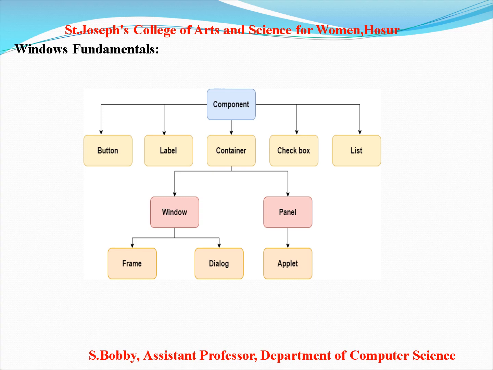Components: button, label, container. The container is split into two, window and panel. Window is divided into two parts, frame and dialog. Panel is divided into applet, checkbox, list. These are the components of AWT.